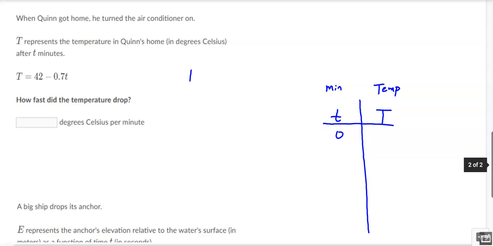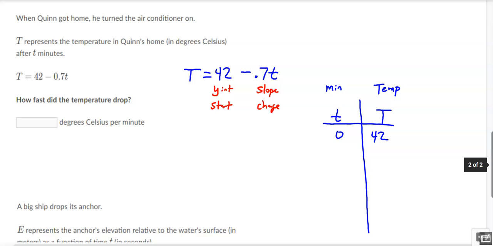So we have an equation, big T equals 42, that's our starting point, minus 0.7 t. So we have our y-intercept, aka where we start, and then we have our slope, aka what it's changing by every single time. When you plug 0 in for little t, we just get 42. So that means right when he got home, the temperature is 42 degrees.